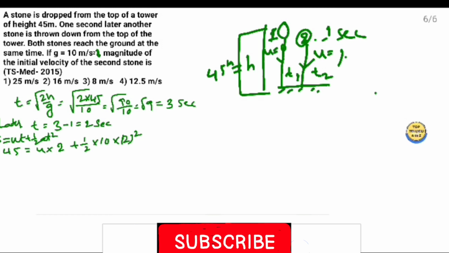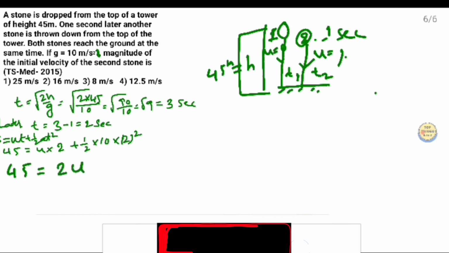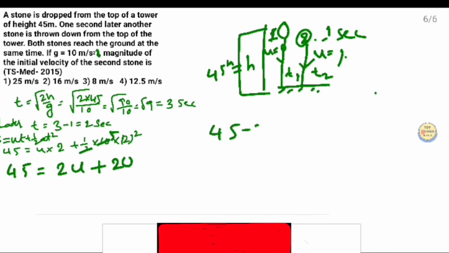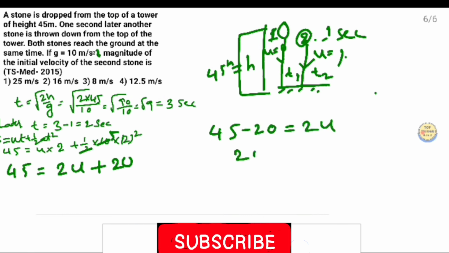So here 45 is equal to 2u plus half into 10 into 4, which is 5 into 4, 20. So 45 minus 20 is equal to 2u. 2u is equal to 25.